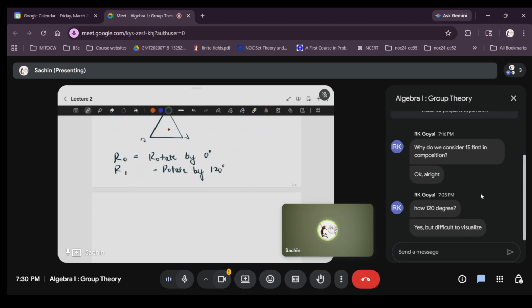I'll call that R1. R2 is a rotation by 240 degrees with respect to the original 0 degree rotation. Now you consider the set of these three operations.